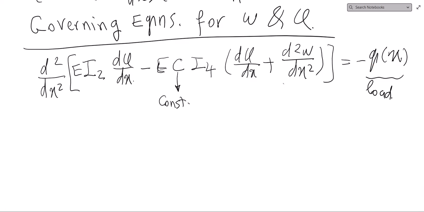Usually we have only these two terms, or d4w/dx4 for Euler-Bernoulli, and w is the only unknown that we have, deflection. But here we have the phi also.